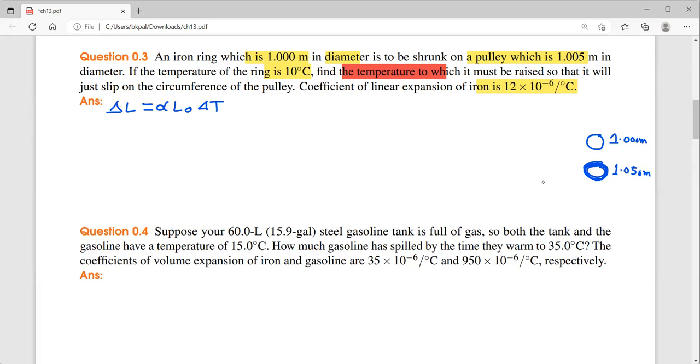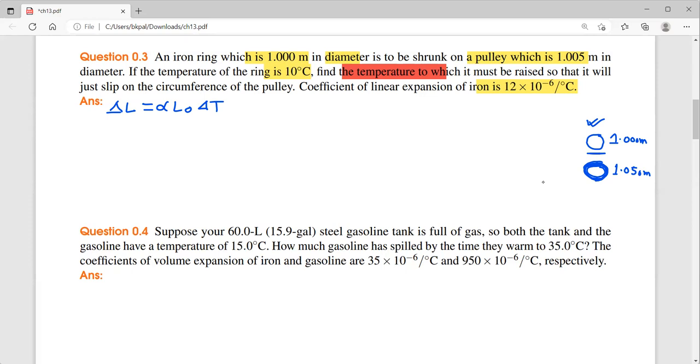So what we have to do is expand the ring so that its diameter is 1.05 meter, and then we can put it on the pulley, right?